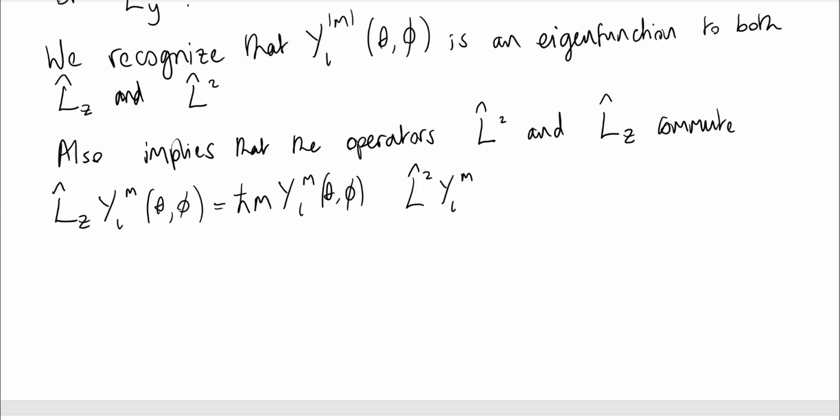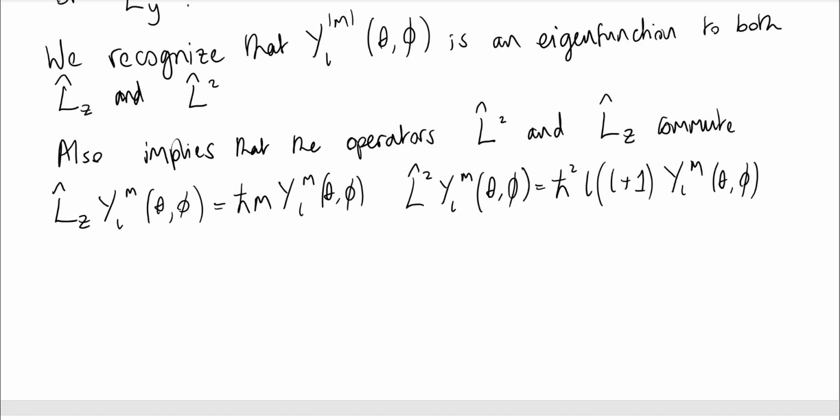Let's write these down together in one line. And again, let's just observe the fact that I'm replacing the j's from earlier in the chapter with l's. So that gives me an L times L plus 1 inside the brackets here, and then Y L m theta comma phi. All right, so these are two eigenvalue equations, some operator equations.